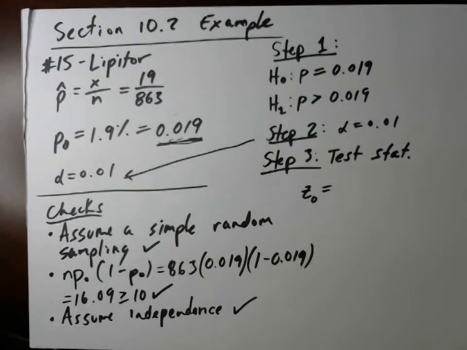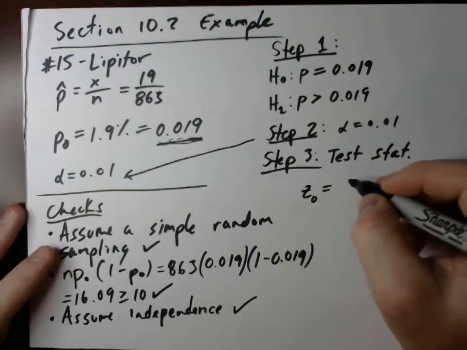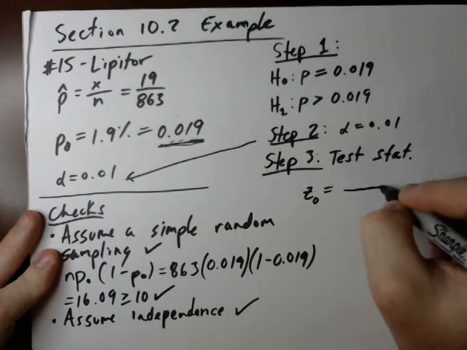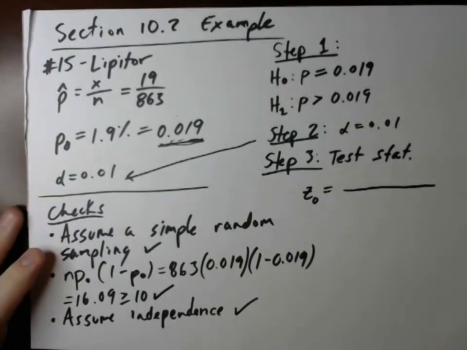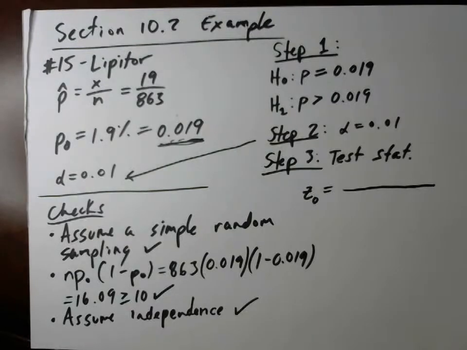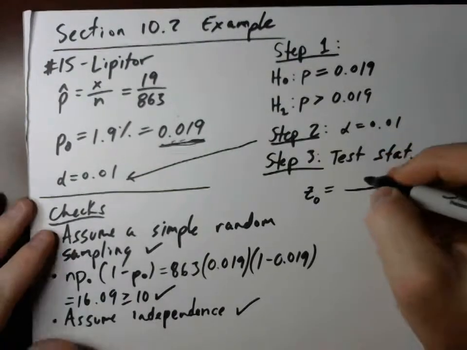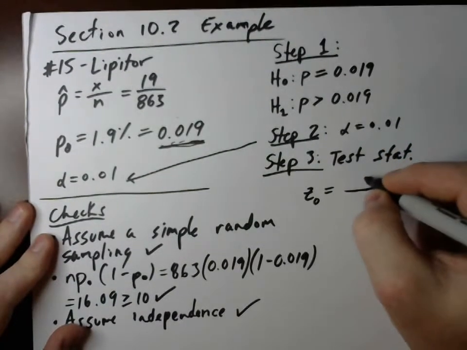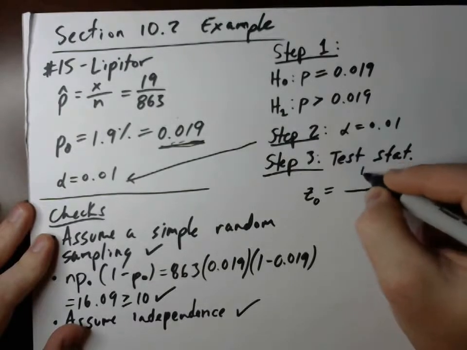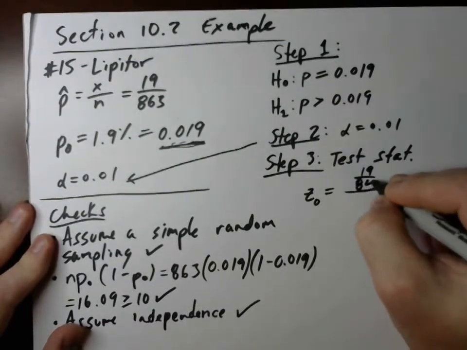What we're doing is trying to see how well the sample matches up with the claimed value. So that's why on the numerator of our test statistic we have p hat. Our p hat is 19 over 843.